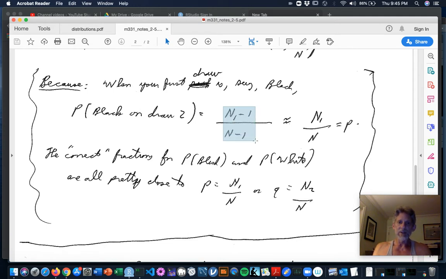That fraction is not the same as n1 over n. But if n's real big, then it's about the same as n1 over n. So your chances for a black ball don't vary much from draw to draw with what you've already drawn before.